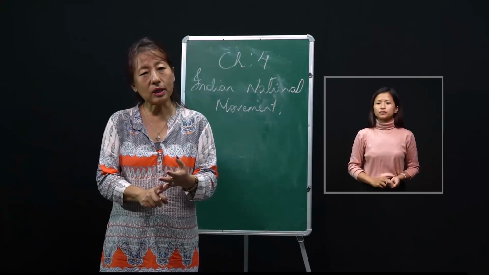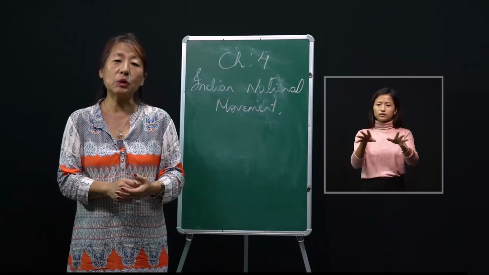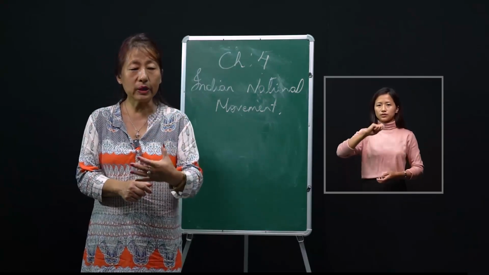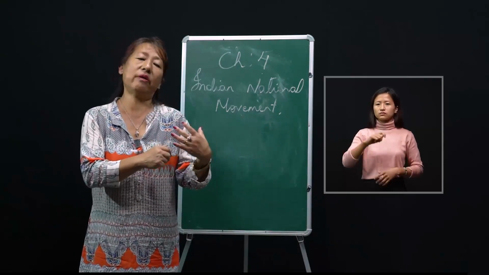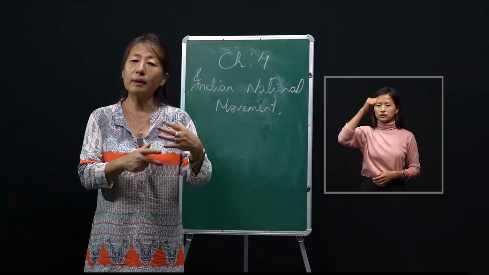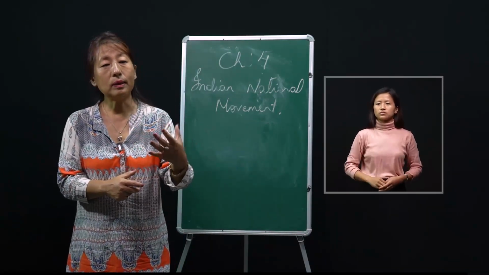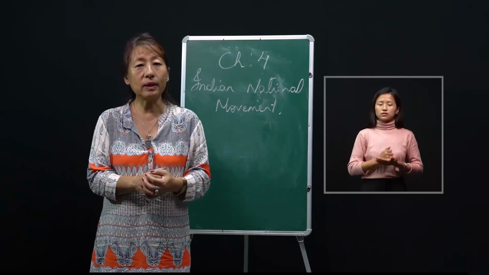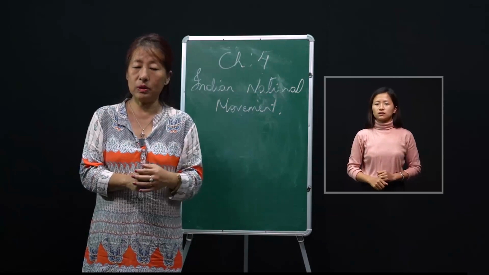Then another reason is the spread of Western education. The Britishers introduced education in India not because they felt sorry for the Indians, but the real reason is that they needed the help of the Indians to work as clerks in the administration.